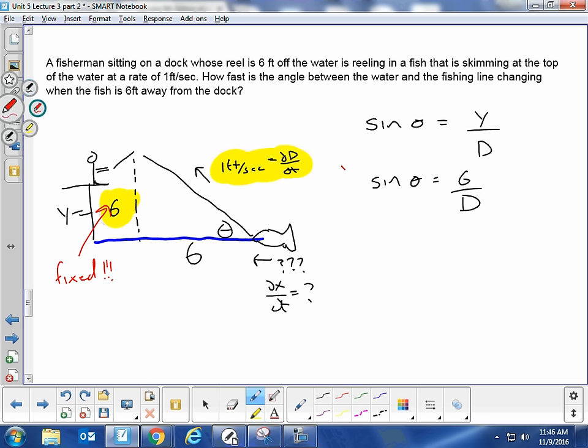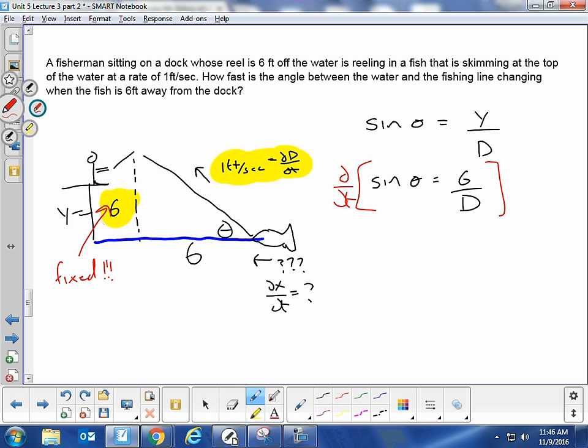Taking the derivative of sine of theta, which equals 6/d. The derivative of this on the right side is not 6 times dd dt. It's wrong.